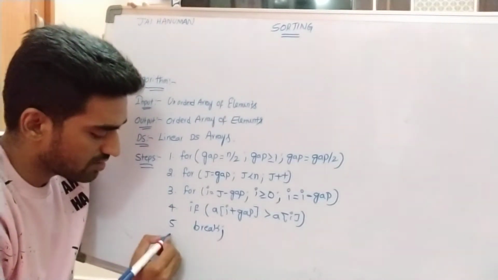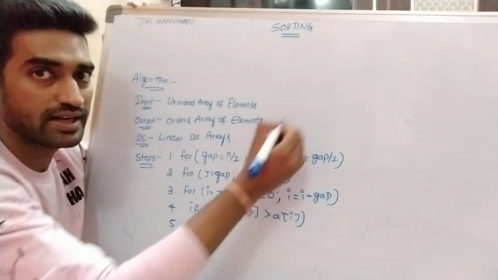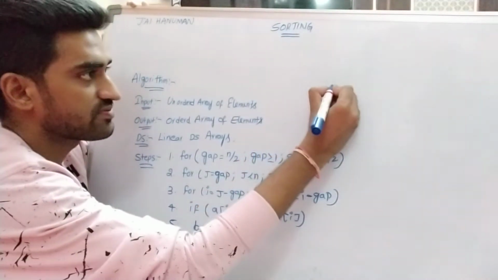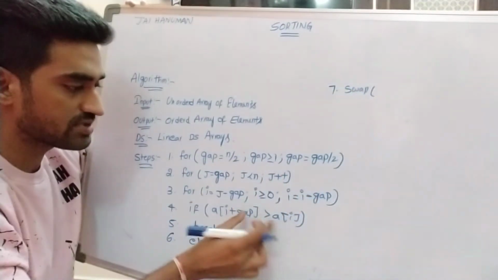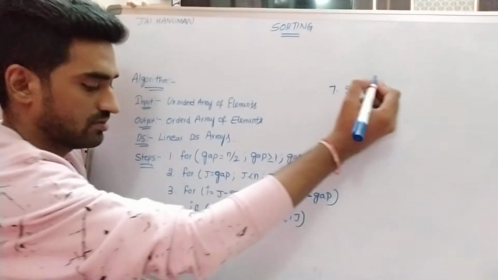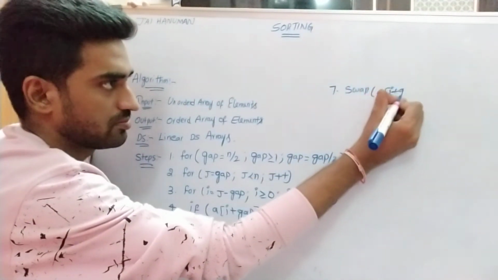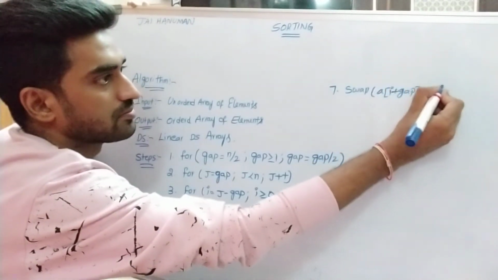Once this condition fails, we can execute the else part. In the else part, I am writing swap. Once that condition fails, we can swap these two elements, that is y of i plus gap, comma, y of i.